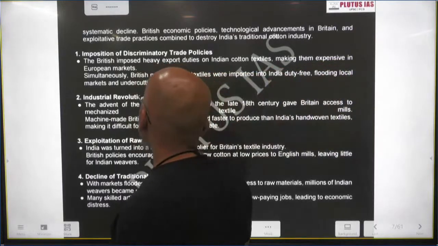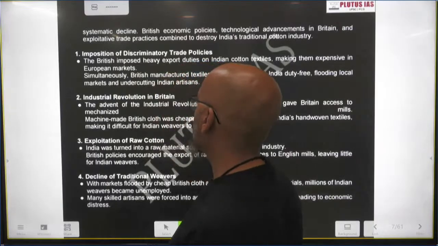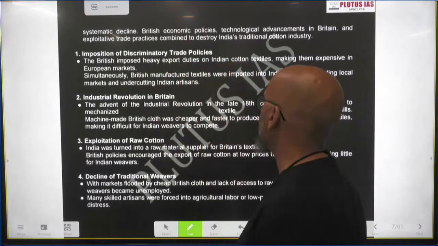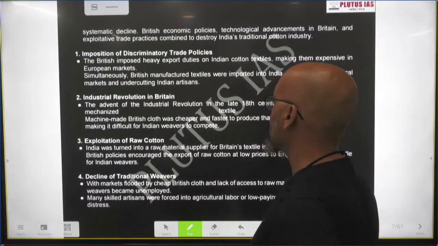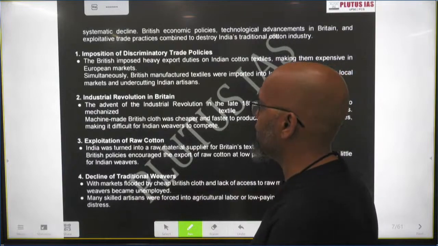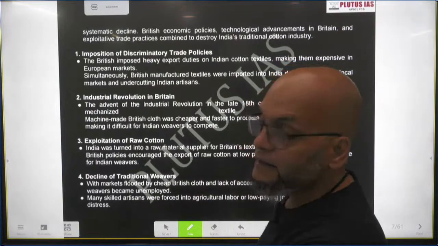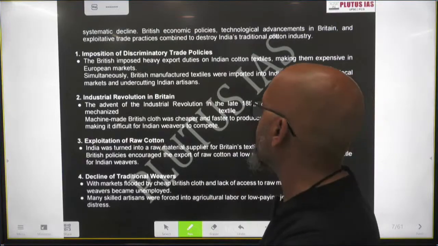Imposition of discriminatory trade policies. Number one: the British imposed heavy export duties on Indian cotton textile. Heavy duties were imposed on export, making them expensive in European markets, so that these products become expensive and Europeans do not purchase them.